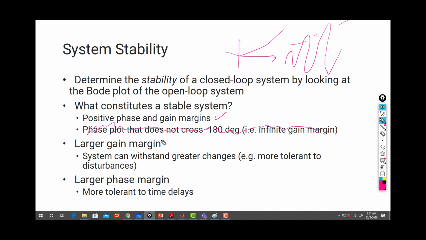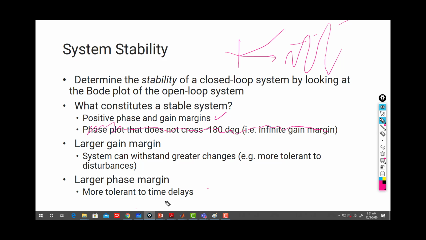So a larger gain margin means the system can withstand greater changes, like being more tolerant to disturbances. A larger phase margin reflects that the system is tolerant to time delays. If you have time delay in the system, then the system is tolerant to it if you have a large phase margin.